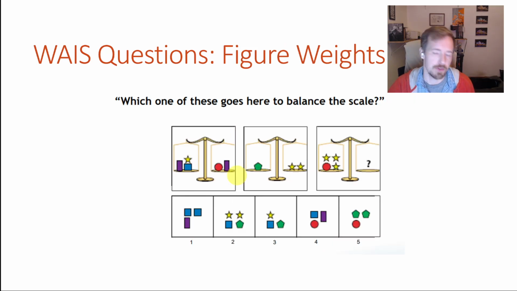Another one is going to be the figure weights question, where if you look at this and you look at this, try now to tell me what would you need to balance the scales if this is on one end. And so the way that you would do that is you would have to, using your working memory, come to a conclusion like, okay, one green pentagon is worth 2 of these stars.